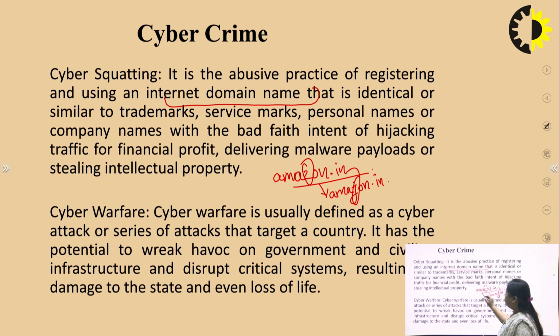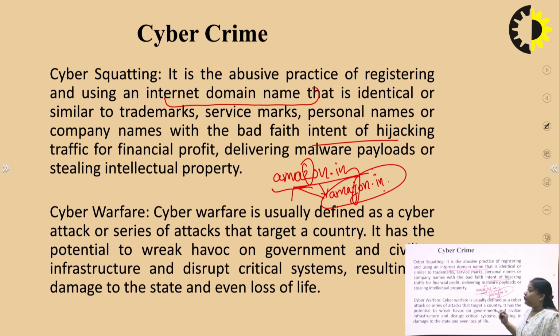And the design of that website is also similar, and by using the similar domain like Amazon, they can commit frauds or put links that, by clicking on them, the customer can face different types of financial losses. So, this is called cyber squatting, with the bad faith intent of hijacking traffic for financial profit.